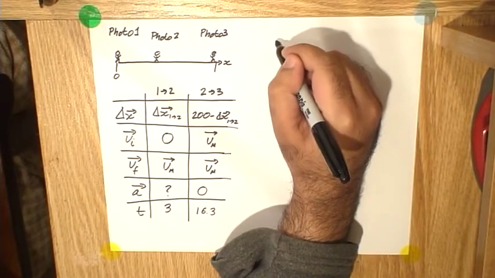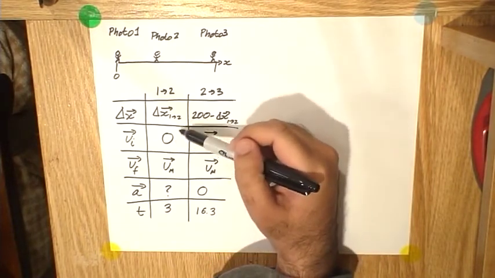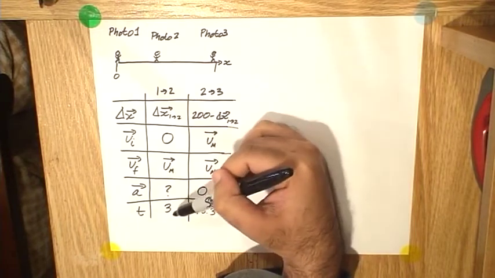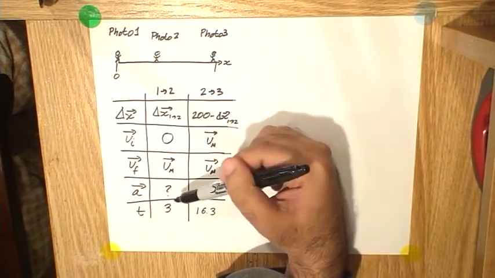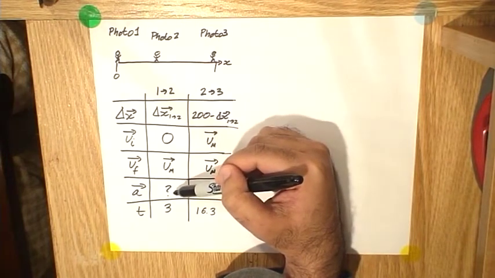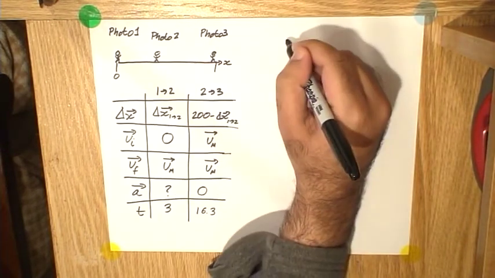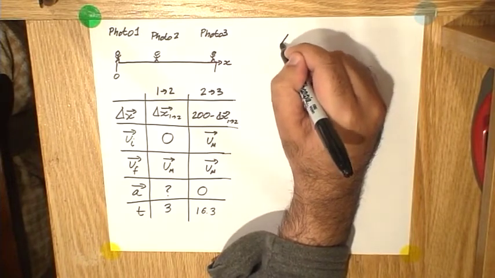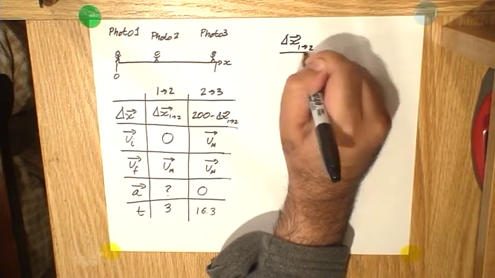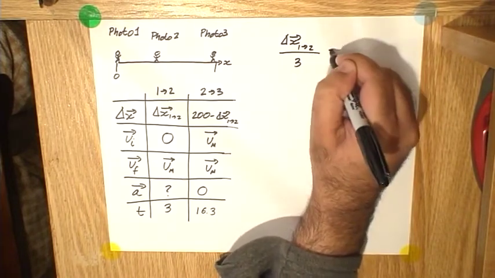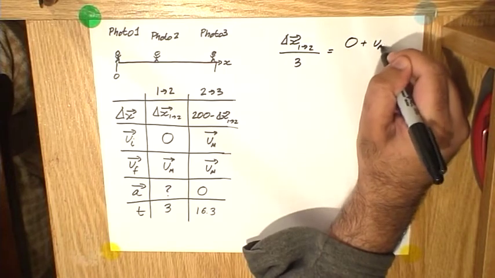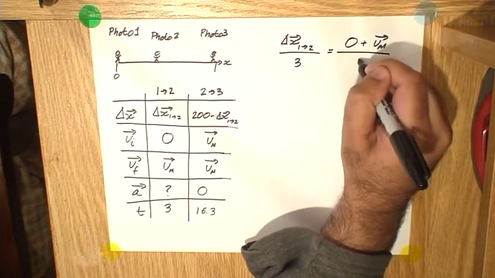So let's apply toolbox equation 3 to phase 1 to 2, the first phase of motion between photos 1 to 2. We'll use that one because that's one where acceleration is not relevant. So toolbox equation 3 says that the displacement divided by the time is equal to V initial plus V final, all divided by 2.